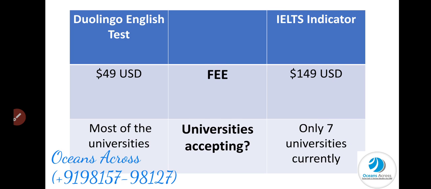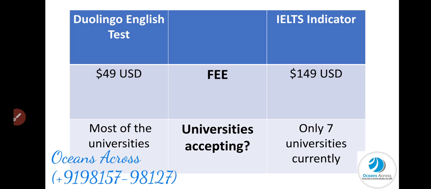Let's see the fees. I personally believe there is a major difference between the fee that is charged for these two proficiency tests. We are charged $49 for the Duolingo English test, and for IELTS indicator we have to pay $149, and we can clearly see a major difference of $100.